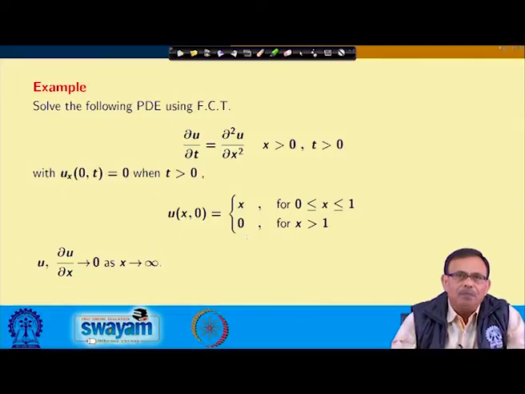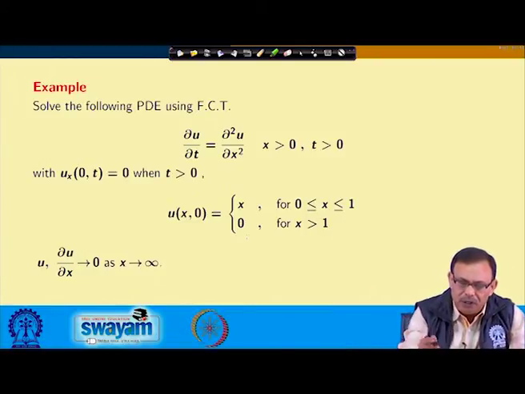Therefore, I have to apply the Fourier cosine transform with respect to the variable x, not with respect to the variable t. So, your equation here was del u del t equals del square u del x square.